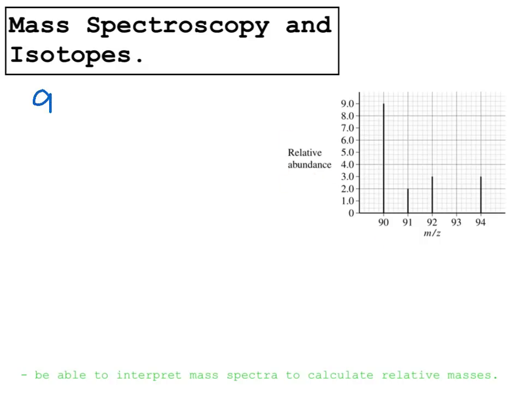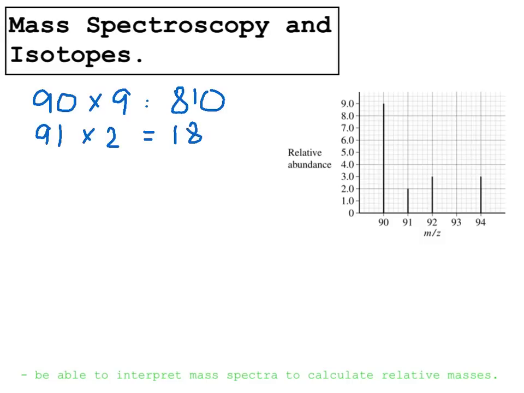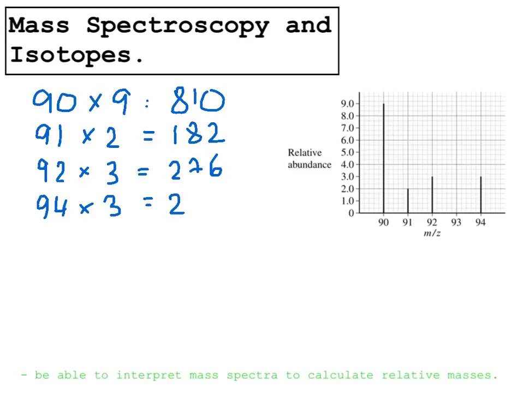So it's going to be 90 times 9, which equals 810. It's going to be 91 times 2, which equals 182. It's going to be 92 times 3, which equals 276. And it's going to be 94 times 3 as well, which equals 282. Notice we missed out 93 because that has a relative abundance of 0, so there's no point putting that in our calculation.